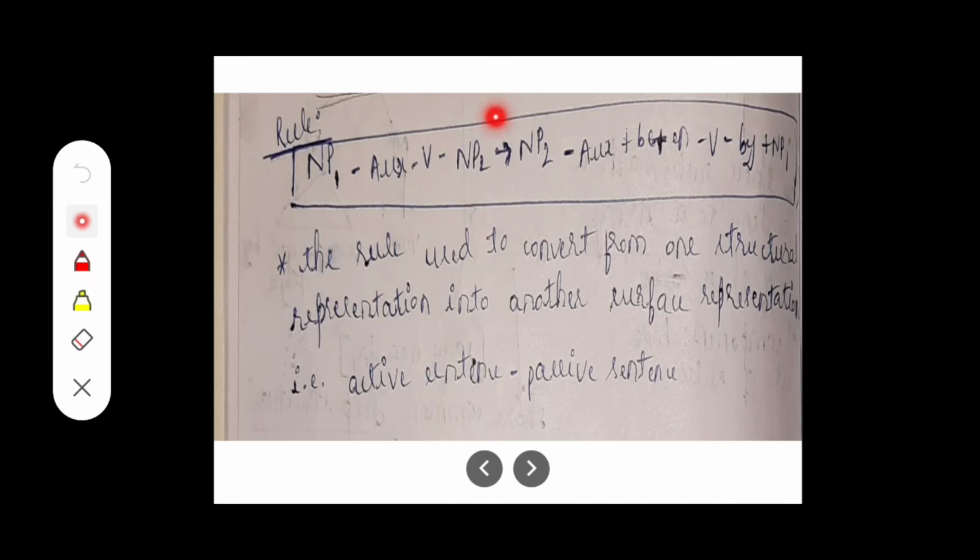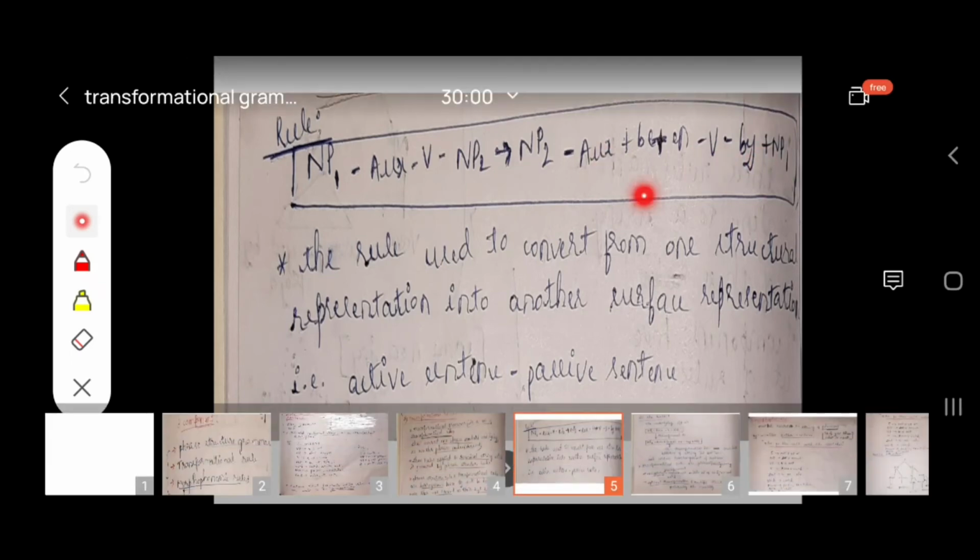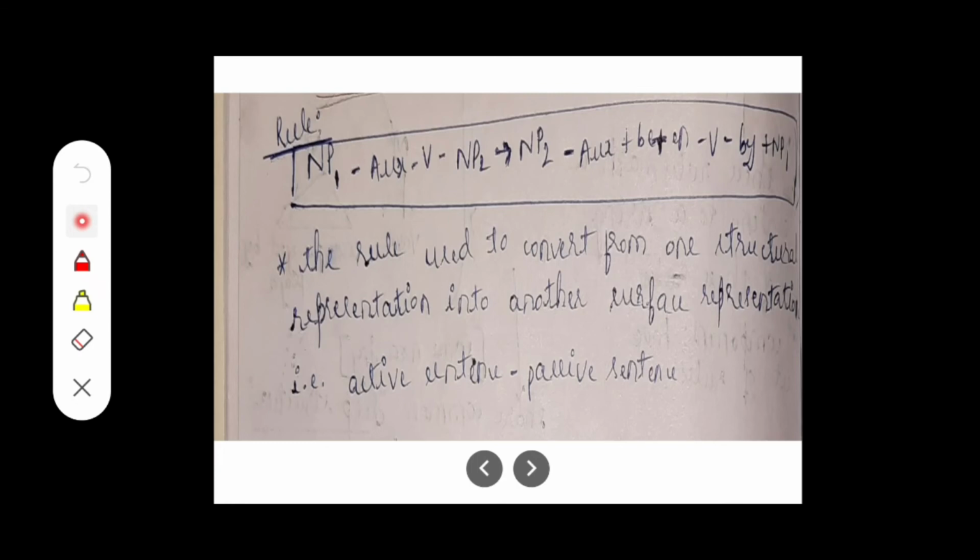NP2 means noun phrase 2, or you can also take it as an object. This will be transformed to NP2 followed by the auxiliary verb followed by be plus en.